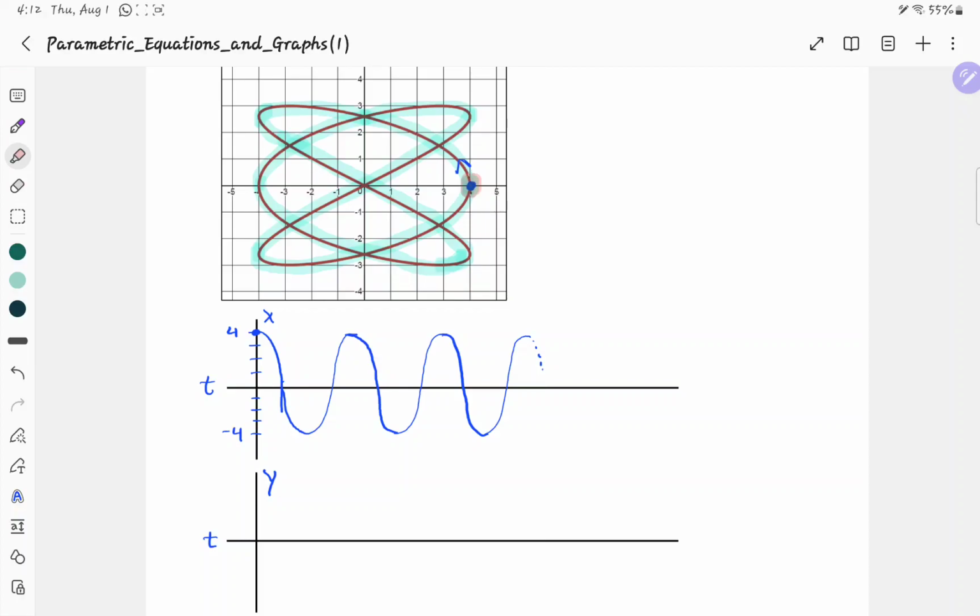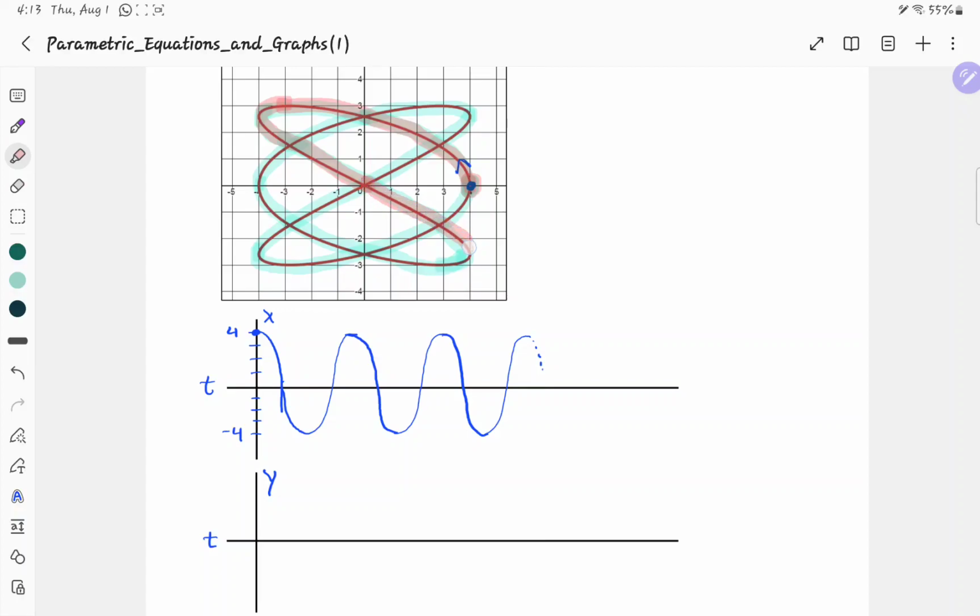Now I'm thinking of y, and anytime I hit an extreme, I'll think about what that looks like. I'm starting at 0, going up till I get to 4, or actually 3 is the y value right there, and then I'll keep going down to 0.